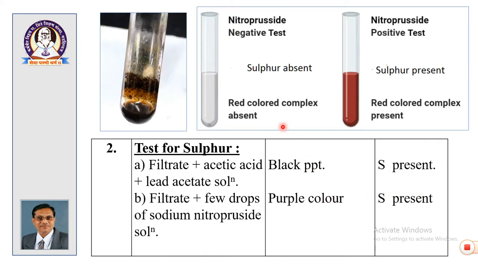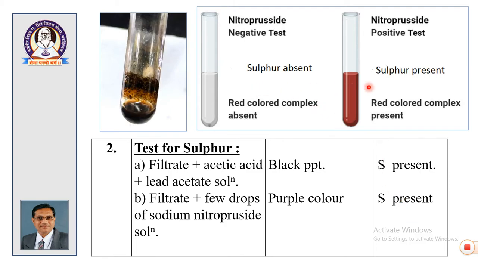Then there is another element, sulfur. Take a small amount of filtrate, add acetic acid and lead acetate. If we get a black precipitate, then sulfur is present. No black precipitate, sulfur is absent. Then there is another test for sulfur: filtrate plus a few drops of sodium nitroprusside, purple color, sulfur present.